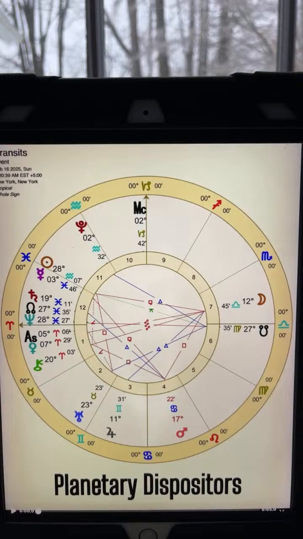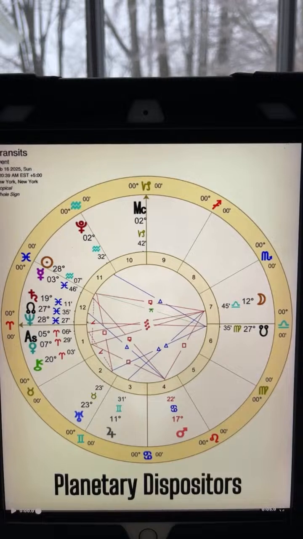So when the moon is the dispositor of Mars, Mars has the disposition of the moon. Mars is doing moon things. Mars is still Mars, but he's having to move through the world in a moon-like way.